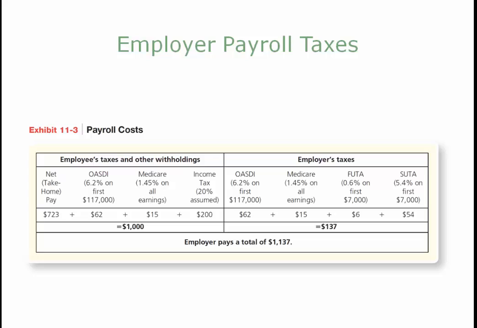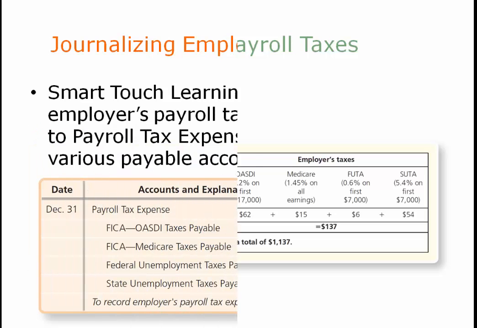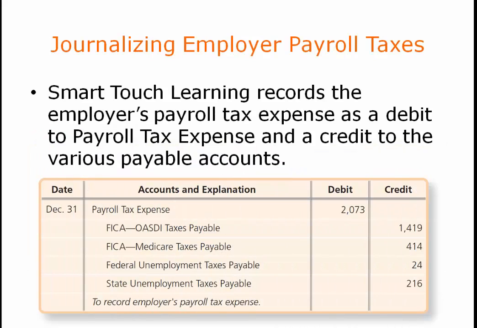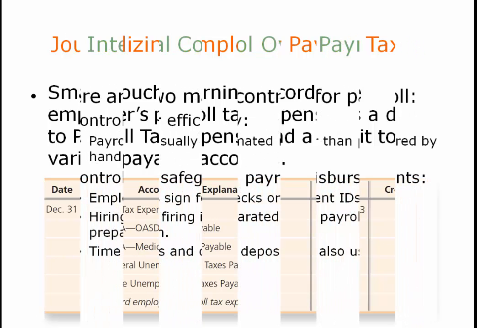The sum total on the numbers on the right are all going to go into payables, and the offset for the ones on the right and the employer side are also going to go into the same payables. And so here's what it looks like. Payroll tax expense will look like this. And these are just the employer's expenses only. Not the employees, but the employers.